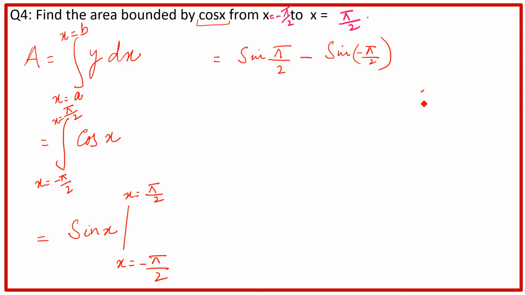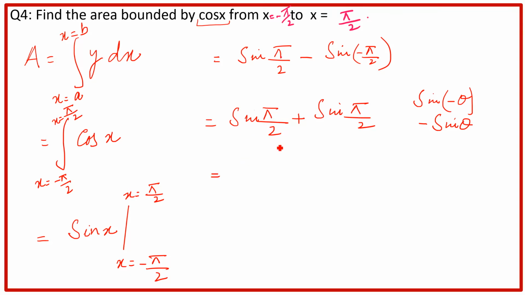Here I will show you that if we have sine of minus theta, this is the angle in negative, which is equal to minus sine of theta. So the same rule will apply here. It is sine of pi by 2, and this is sine of theta, so I said it is equal to minus sine theta. So this minus and this minus will be positive, and it is sine of pi by 2.